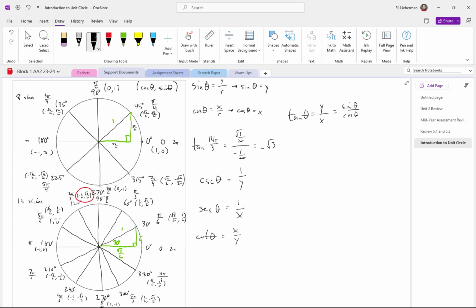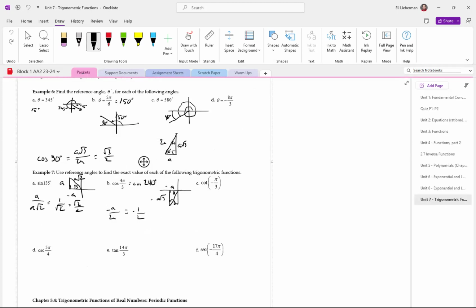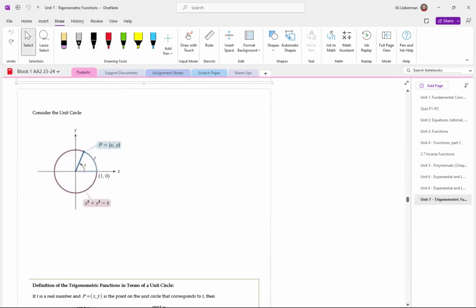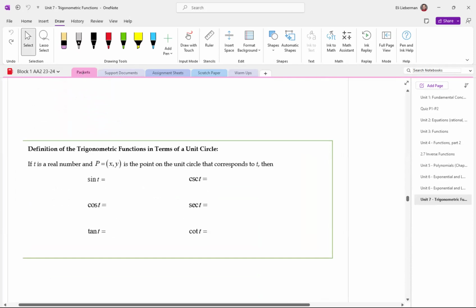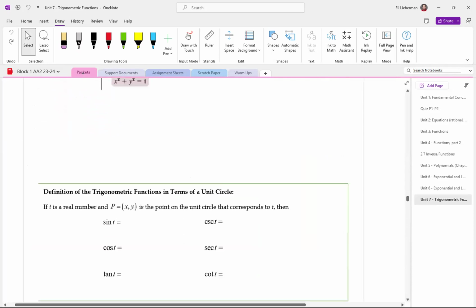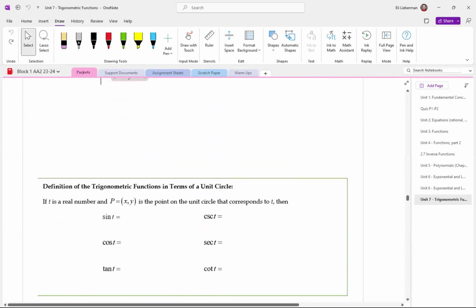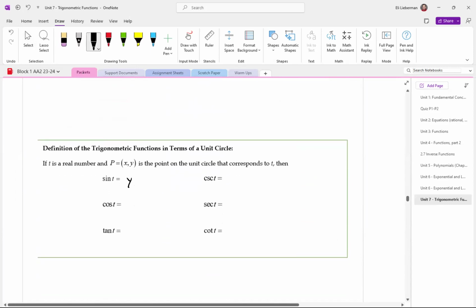I think these are all in your packets. It should be in your packet somewhere. Let's see down here. Okay, we can write this here. Sine of t is equal to y. Cosine of t is equal to x. Tangent is y/x.